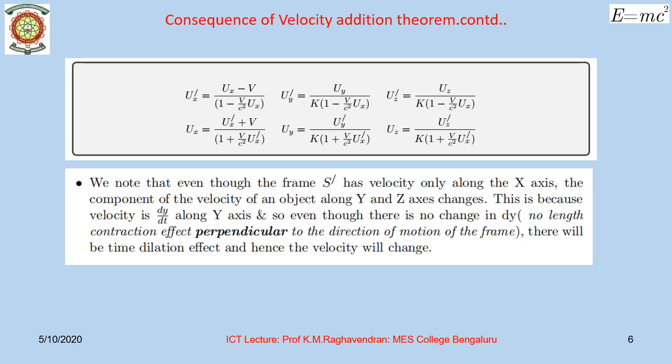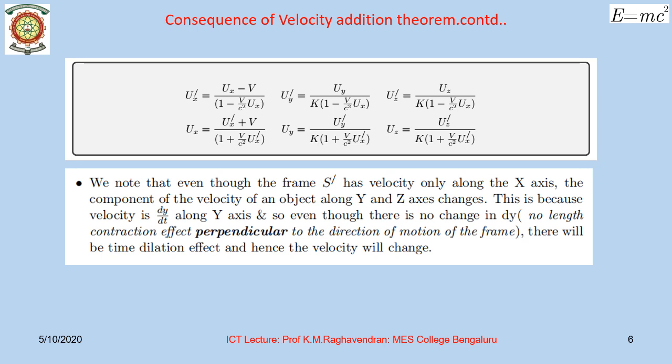Why does this happen? Think about it. A little thought should tell you that this is because the velocity along the y-axis, dy by dt, or the velocity along the z-axis, dz by dt, depends both on dy and dt, and dz and dt respectively.